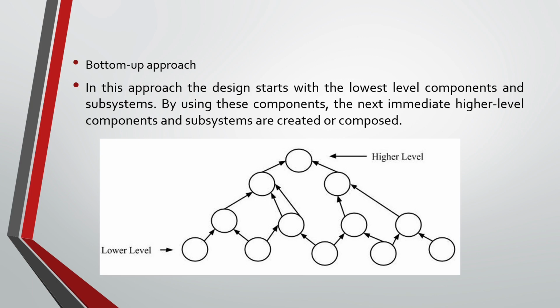The process is continued until all the components and subsystems are composed into a single component that is now called the complete system. The advantages of this approach is that it can be used to hide the low-level details of the implementation, and also it can be merged with the top-down technique. The disadvantages are that it's not closely related to the structure of the problem, and that high-quality solutions are hard to construct with this approach.